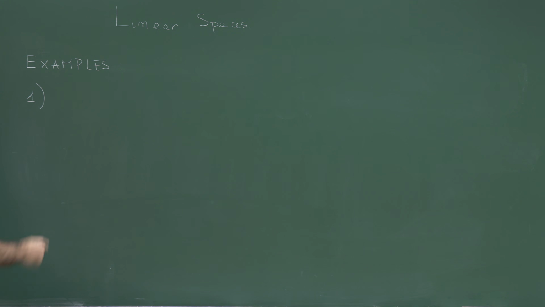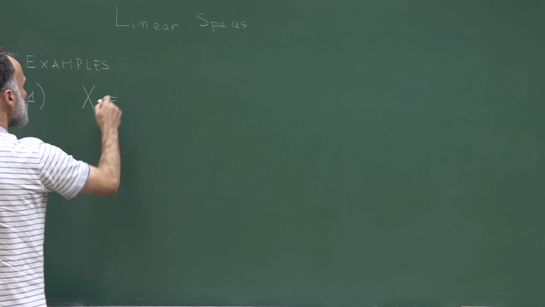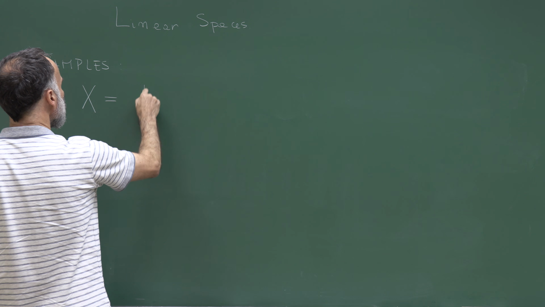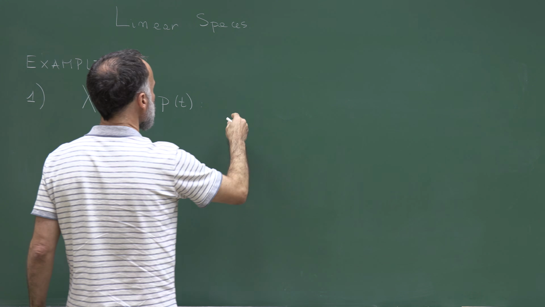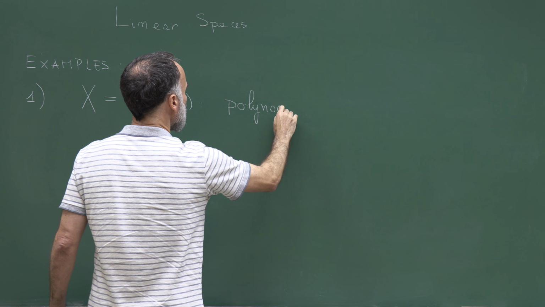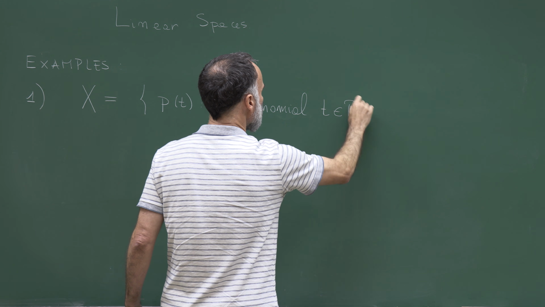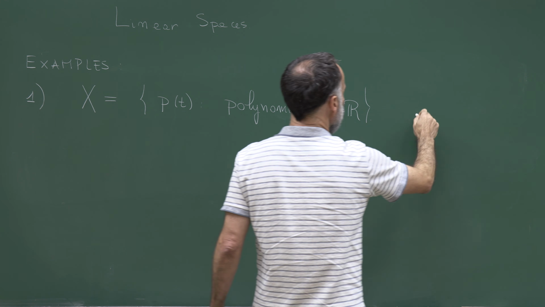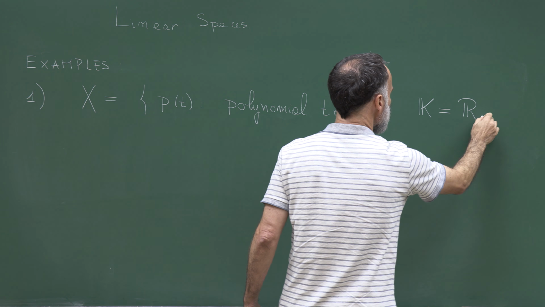Well, one, let's take X to be the set of all polynomials, P(t) a polynomial for t in R. And we will take K as the real set.